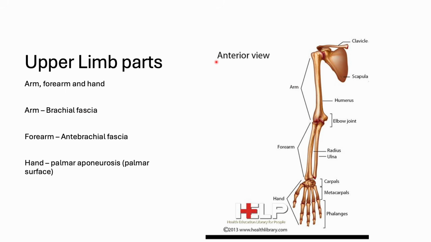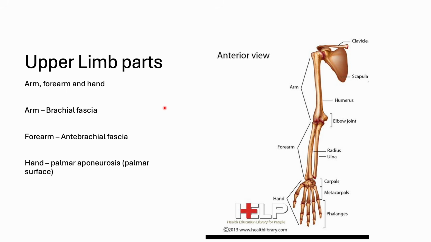So we have some distinct parts of the upper limb. What most people would call the arm is actually from about where your shoulder is to your elbow joint, and then your forearm is from the elbow joint to the wrist, and then you have your hand. So the arm actually specifically refers to this part of the upper limb, whereas the upper limb is the entire limb itself.